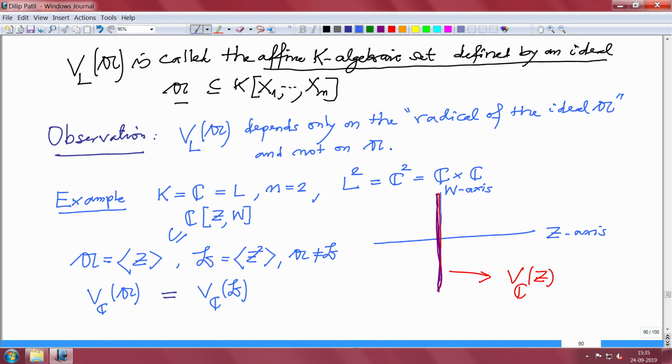We have to make a special effort to say that we are counting these points twice, and that effort is seen in algebra but not in geometry. So sometimes geometry loses the precise information.